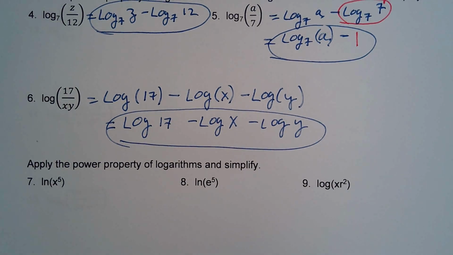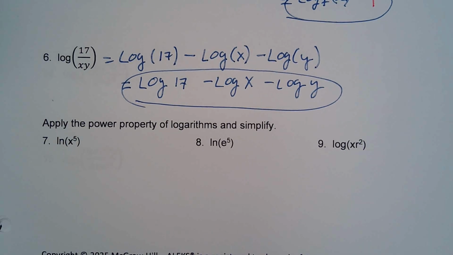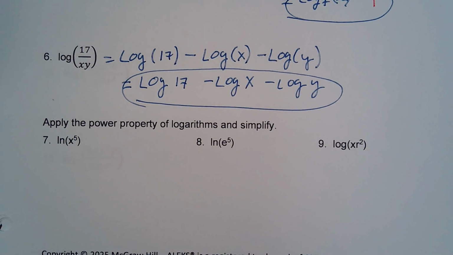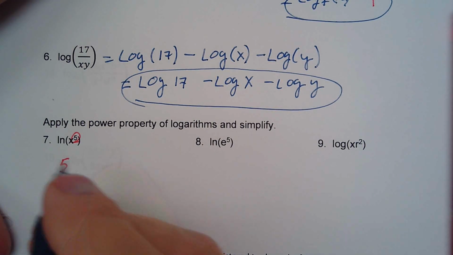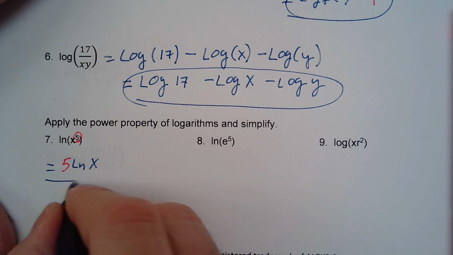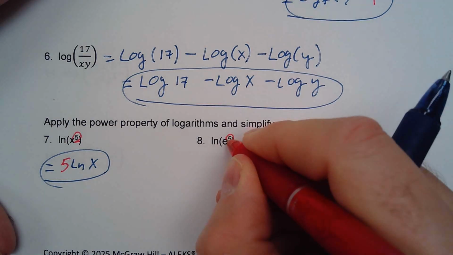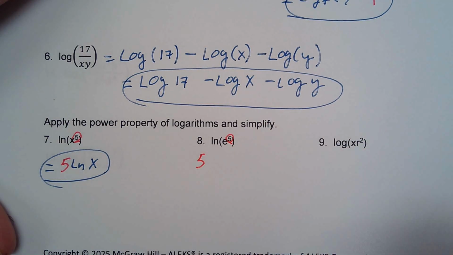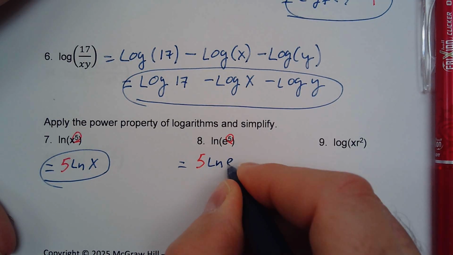All right, so now let's apply the power property of logarithms and simplify. So here my exponent is 5, so I'm going to bring that out in front. That's equal to 5 natural log of x. Here this is 5, so I'm going to bring that out in front. 5 ln of e.